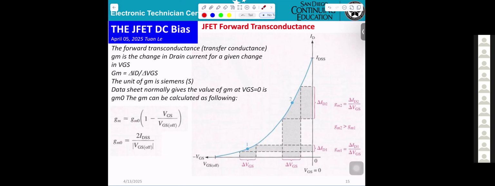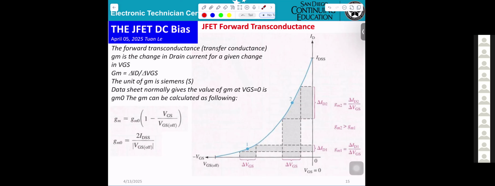So the formula to apply: you can calculate GM equals GM0 times (1 minus VGS over VGS off). If they don't give you GM0, you can calculate GM0 by this formula: GM0 equals 2 times IDSS divided by the absolute value of VGS off.